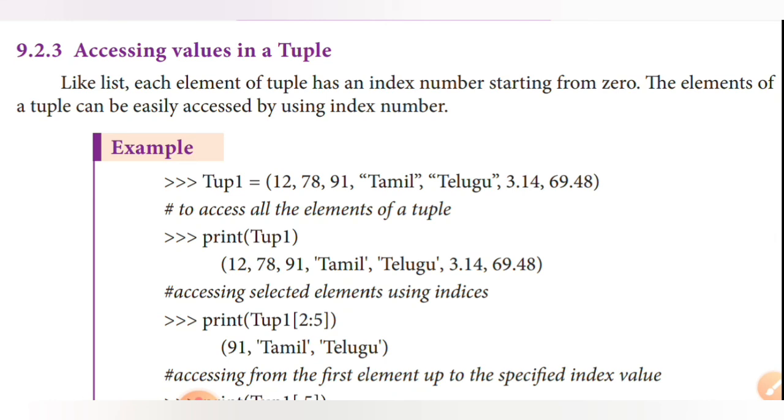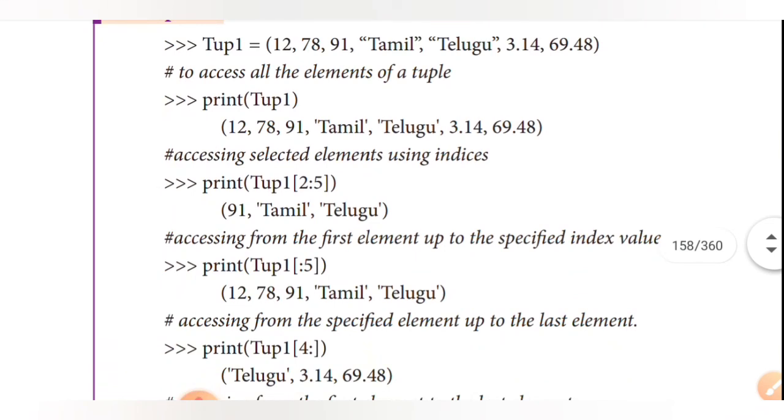Now accessing from the first element up to the specified index value. If you do not give the starting value, then it starts from the 0 index. Now you can see this statement: print tup1[:5]. Here the square bracket is used to specify the index value.